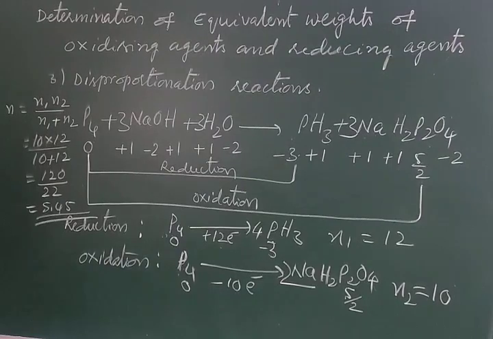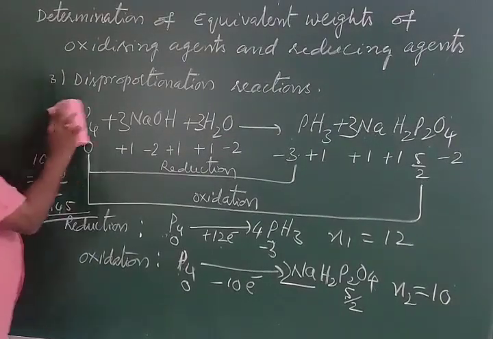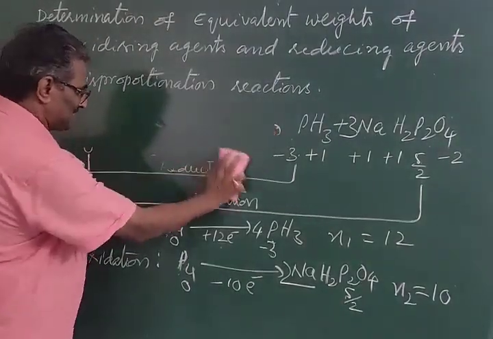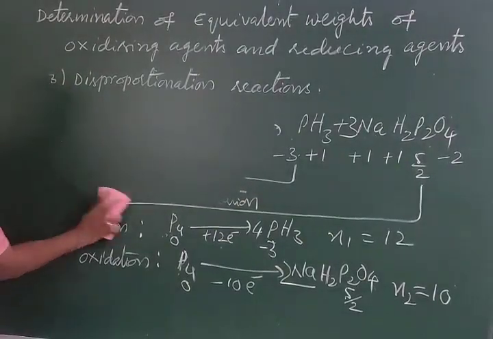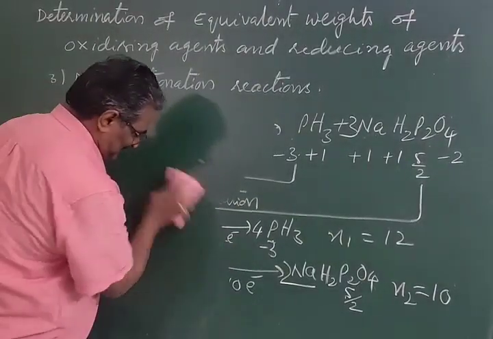In this way, the N factor is calculated for disproportionation reactions, and from that N factor, the equivalent weight of the substance is calculated in the disproportionation reaction.